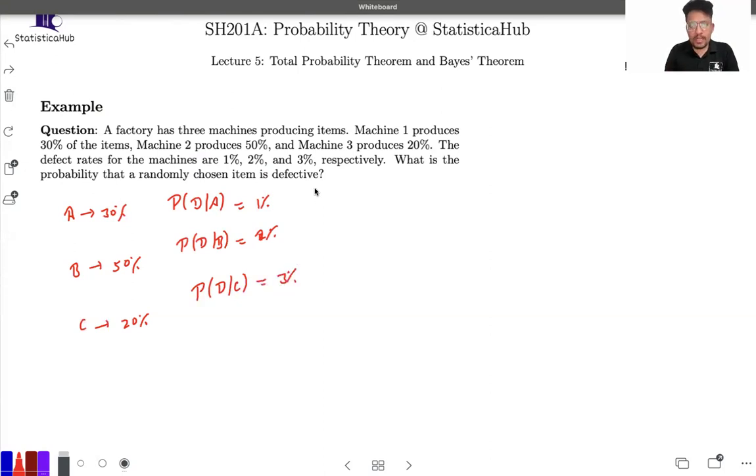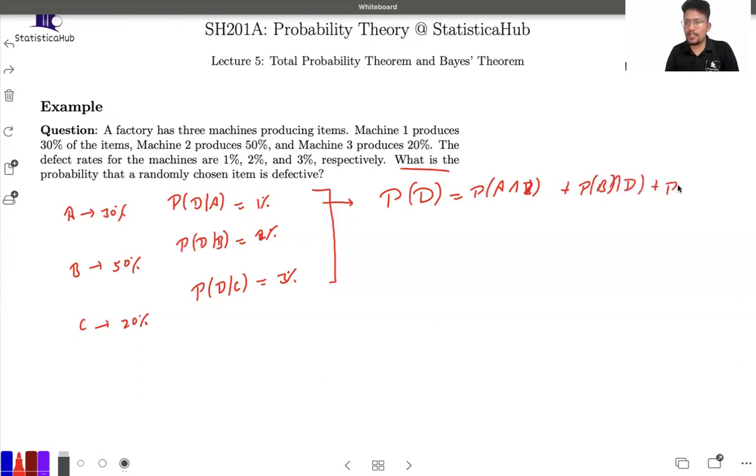If you move ahead, they are asking what is the probability that a randomly selected item is defective. So you have to find the probability of defective. Again, a very simple concept. It can be probability of A and defective, plus probability of B and defective, plus probability of C and defective.